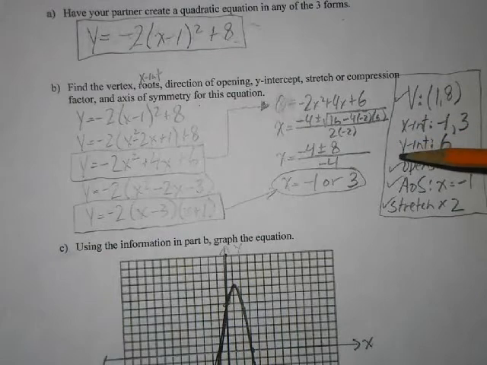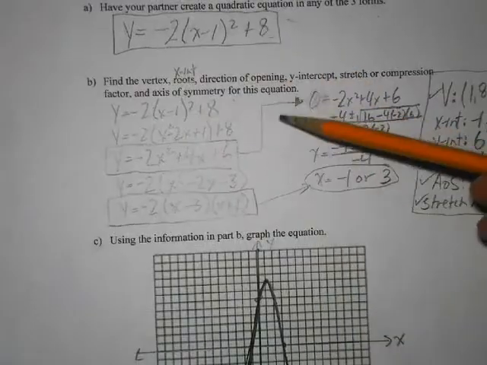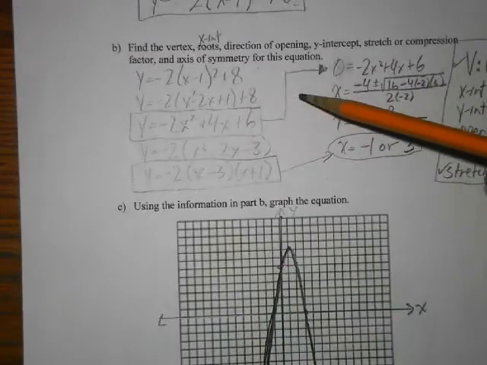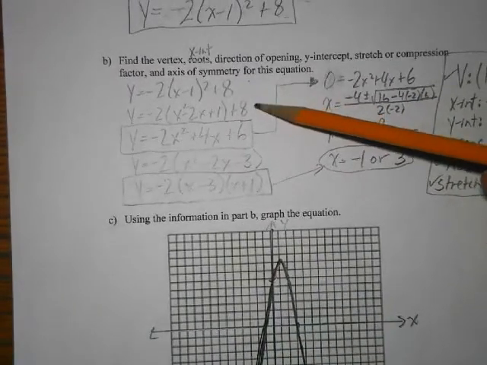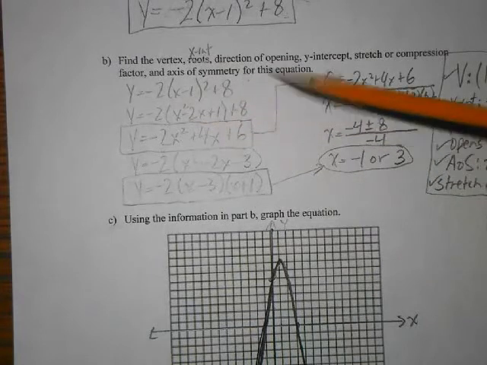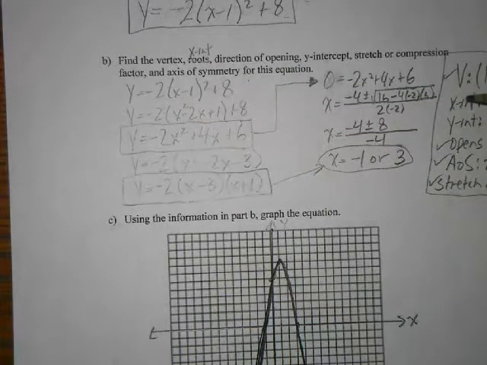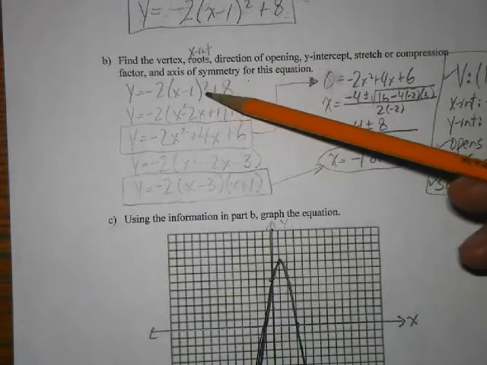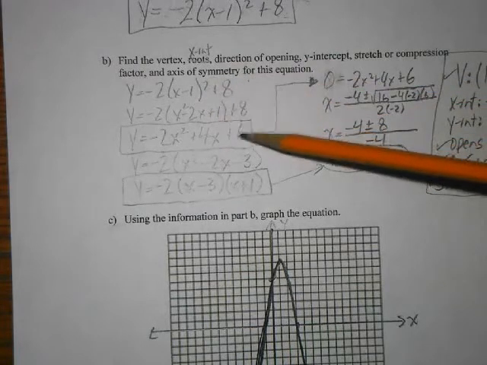Okay, so I've already pre-done the work just so I could quickly go through it. So what do we do if we want to get the x-intercepts and also the y-intercept? First thing I want to do, in both of these cases, is get it to standard form first.